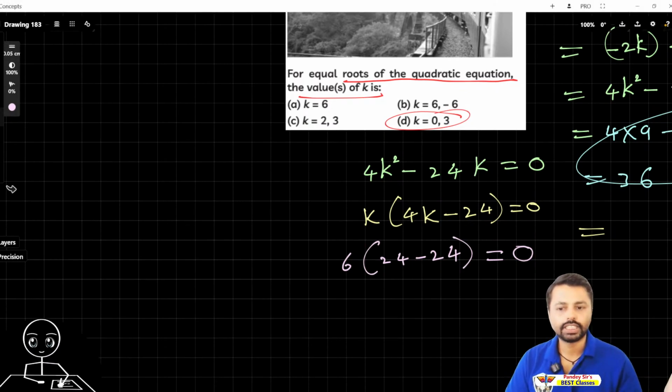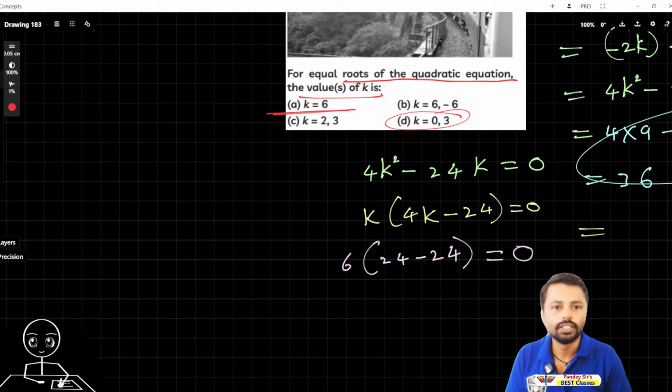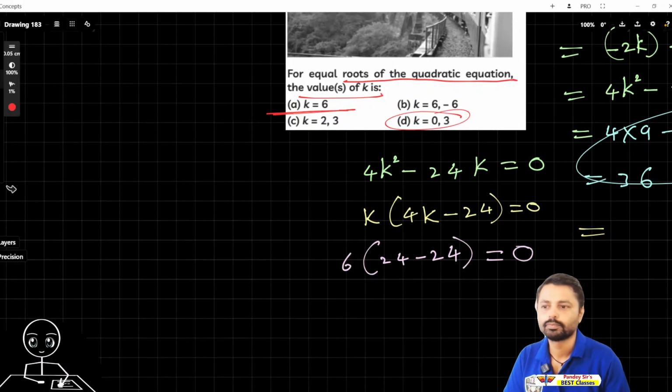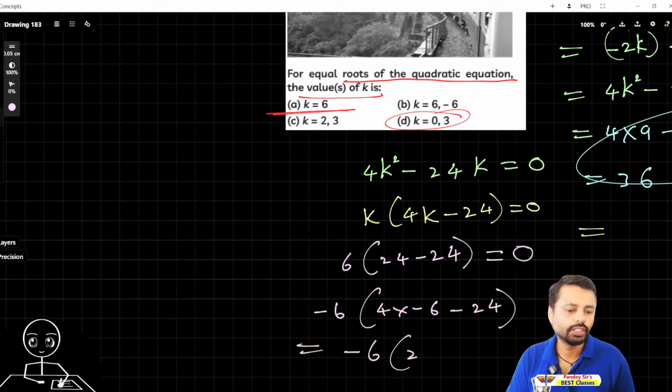Just for the sake of experiment, minus 6 in bracket 4 into minus 6 minus 24, we are getting minus 24 minus 24.